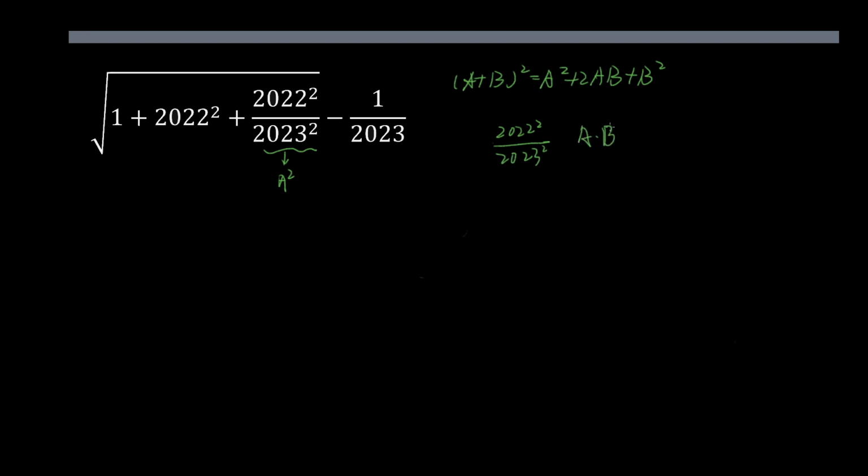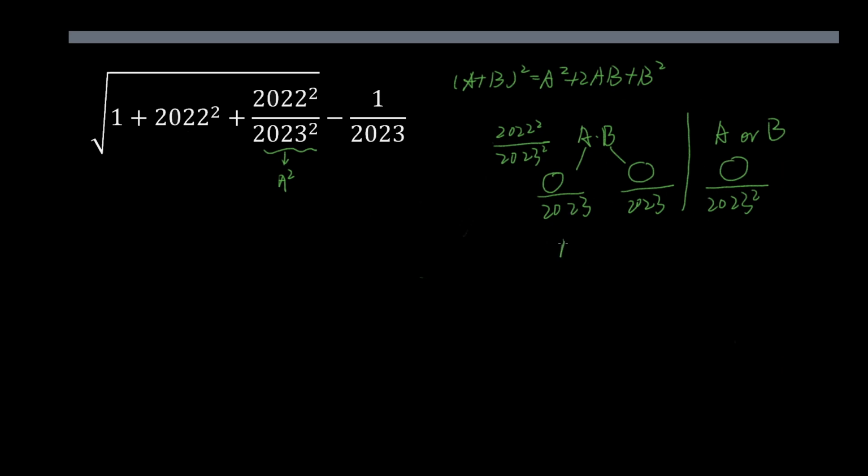That means A had 2023 in the denominator place, and B also had 2023 in the denominator place. And the other case is A or B had 2023 squared in the denominator place.